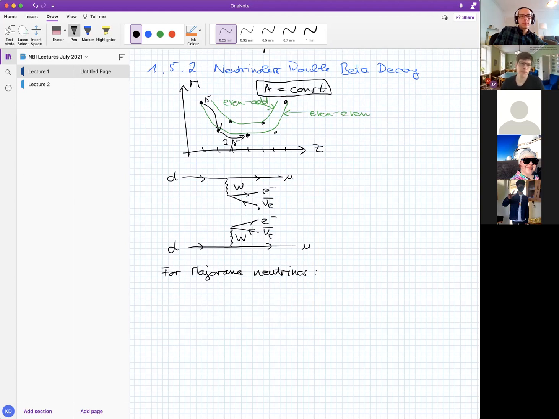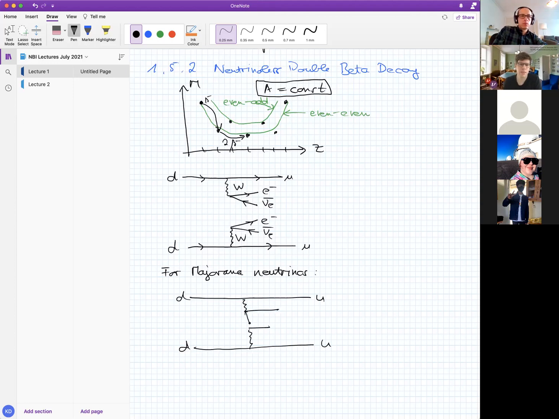Now here we have two outgoing antiparticles and no incoming particle. But for Majorana neutrinos, the particle and the antiparticle are identical. So there's the possibility of having the following diagram. There's again our two down quarks going to two up quarks by emitting a W boson each.